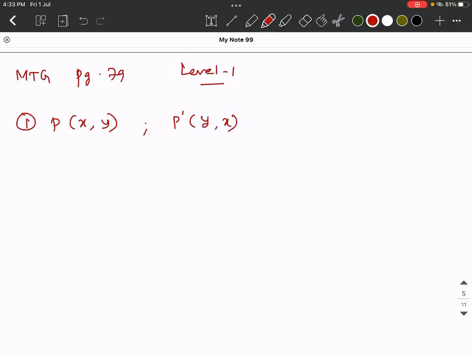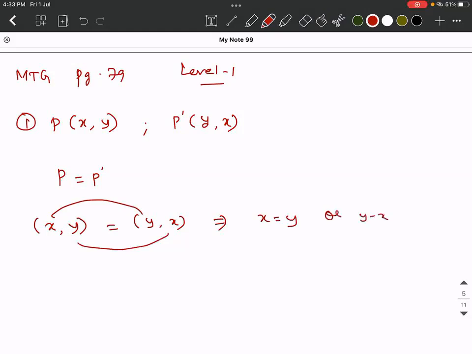So at the same point, P is equal to P dash. P and P dash are the same. If that is the case, x comma y is equal to y comma x. So when one ordered pair is equal to the second ordered pair, the corresponding terms are equal. From this we can say x is equal to y or y is equal to x. Both mean the same. So x minus y is equal to 0.